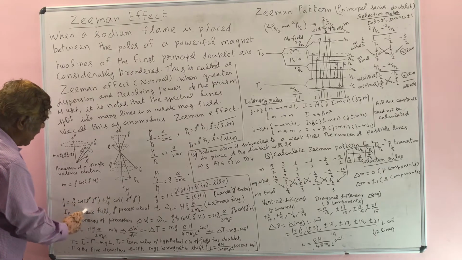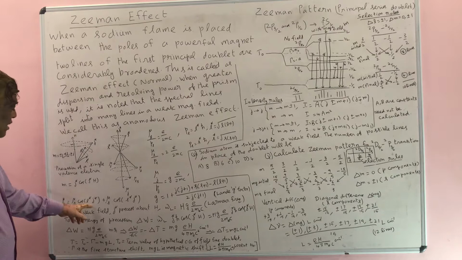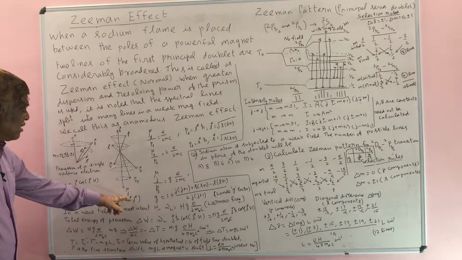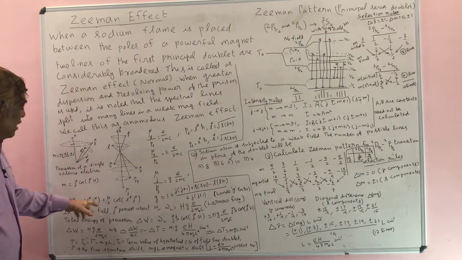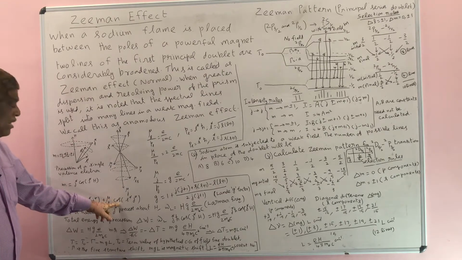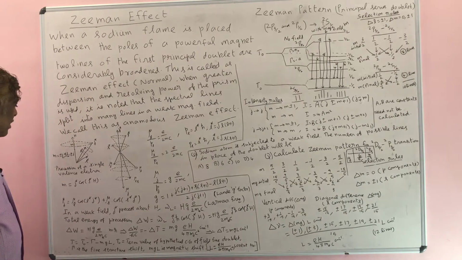Now let us calculate the cos of the angle between L* and J*, and the cos of the angle between S* and J*. By using the cosine law you can find these angles, because we have already discussed how to evaluate the cosine law in the previous lecture.